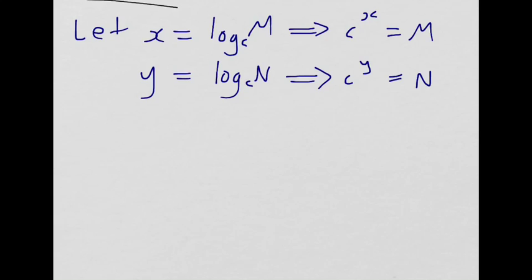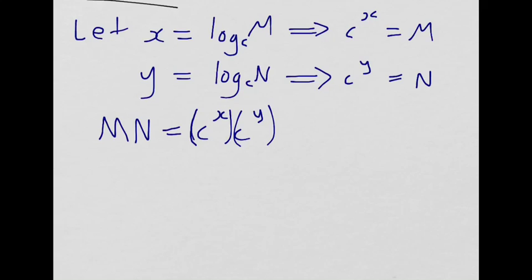The next thing I'm going to do is I'm going to take m and n and just multiply them together. Because m is equal to c to the x and n is equal to c to the y, that's technically the same thing as going c to the x times c to the y. Right?